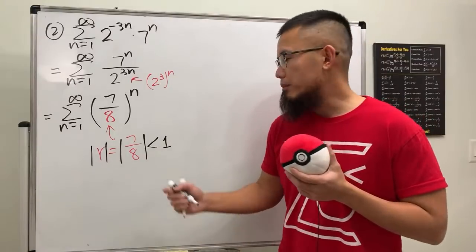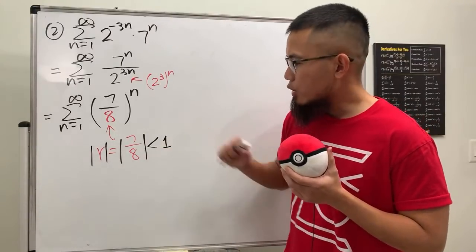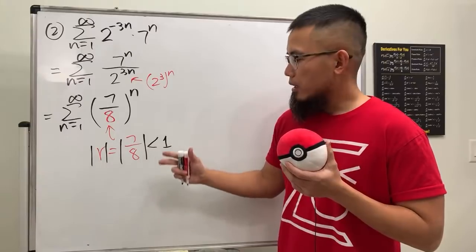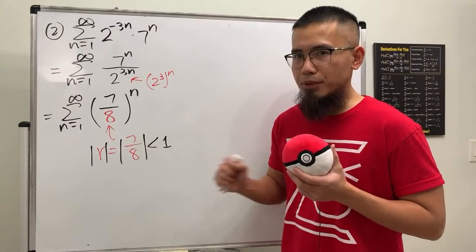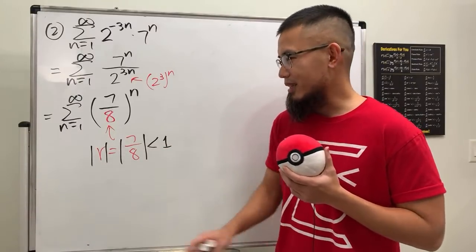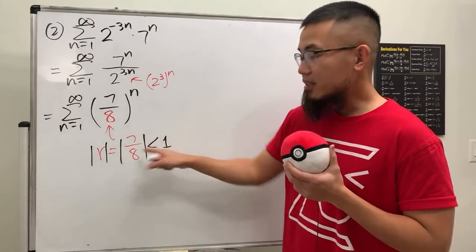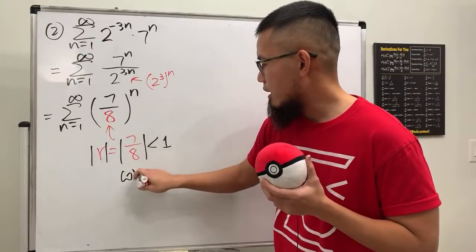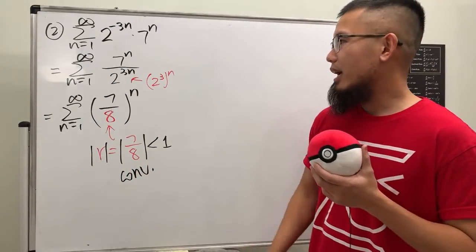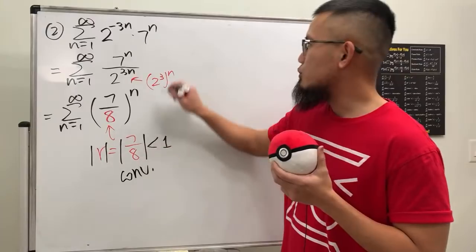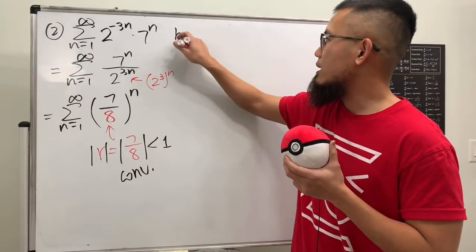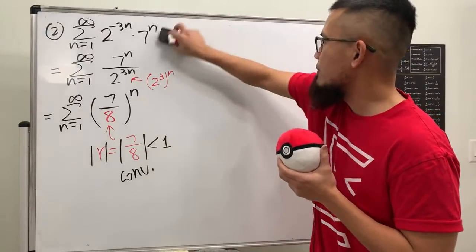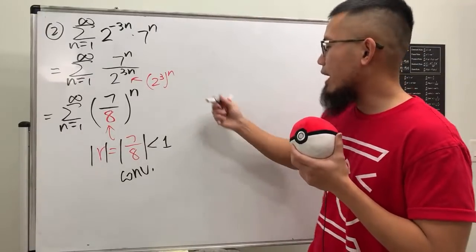You have to remember all these little numbers and the inequalities right here. We have a lot of tests, so be sure you download that handout for you. That's for you guys. And in this situation, because it's less than 1, you know this converges. And it converges by the geometric series test, right? So, oops, I forgot to write that down first. So right here, I'm just going to write this right here.